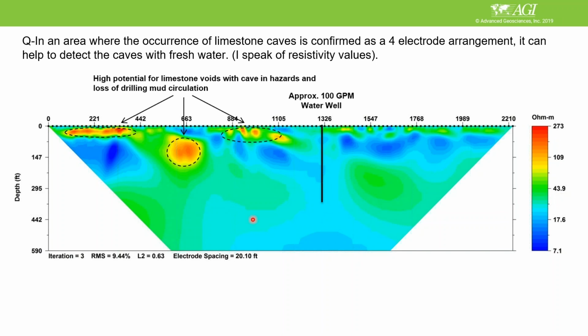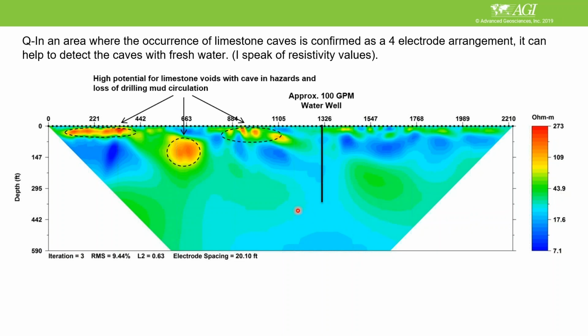I have seen that some cavities are filled with water, some cavities are filled with air, and it's really distinguishable because an air-filled cavity is very highly resistive, and a water-filled cavity drastically drops that resistivity, depending on the dominant factor.